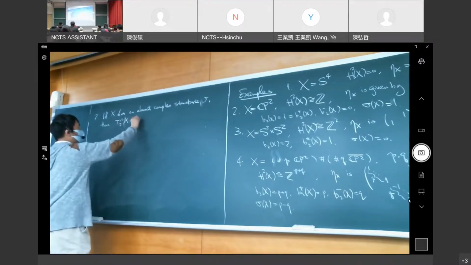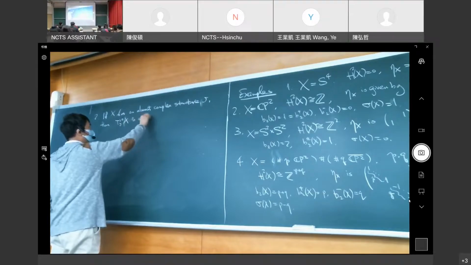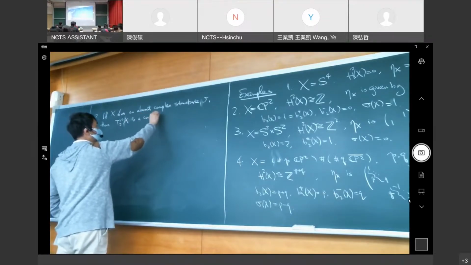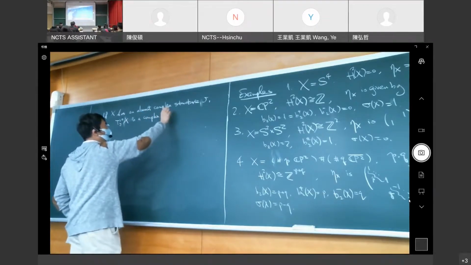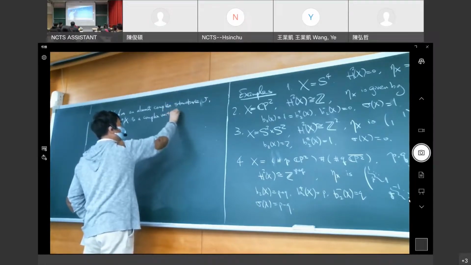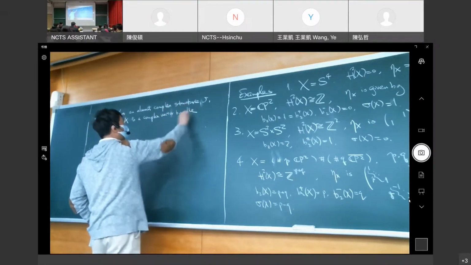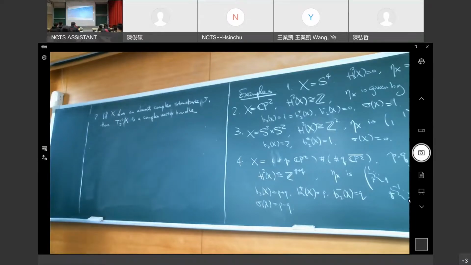This is a complex vector bundle whose rank is equal to the dimension of the manifold. In our case, it's 4.